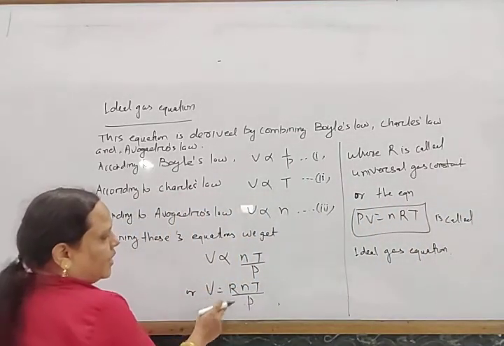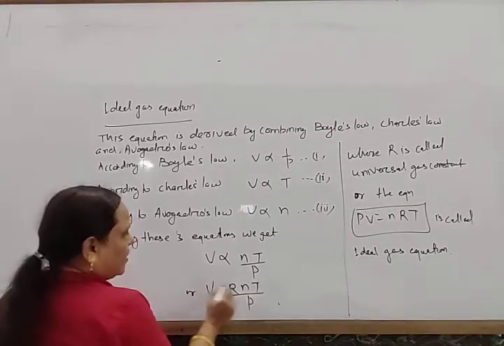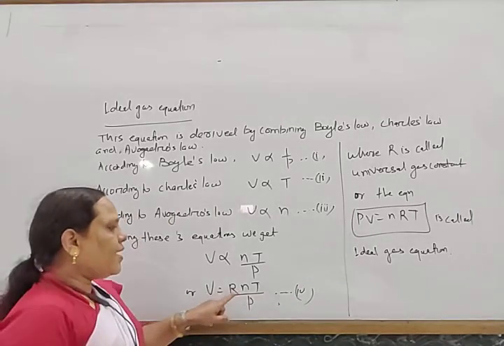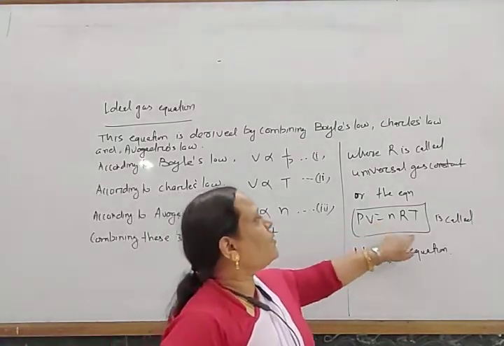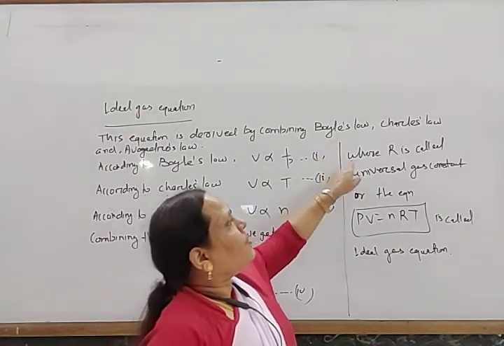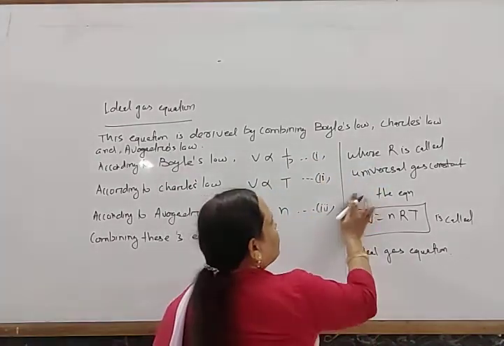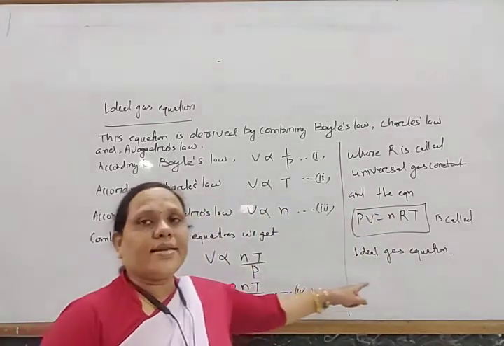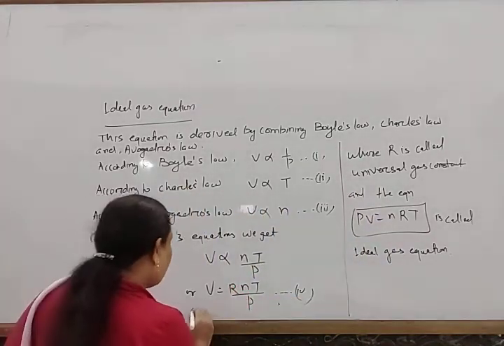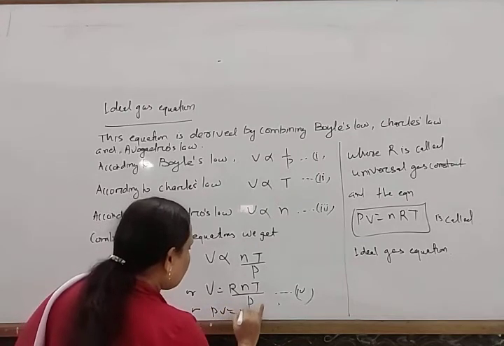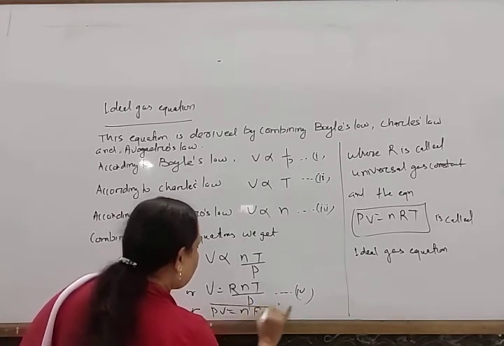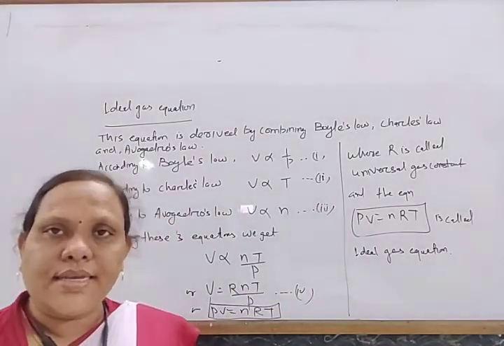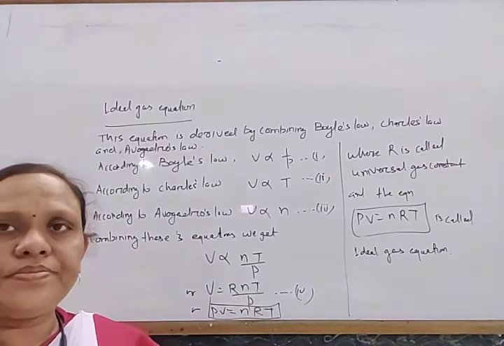V equal to nRT by P, keep it as equation 4, and PV equal to nRT. So R is called the universal gas constant and PV equal to nRT is called the ideal gas equation.